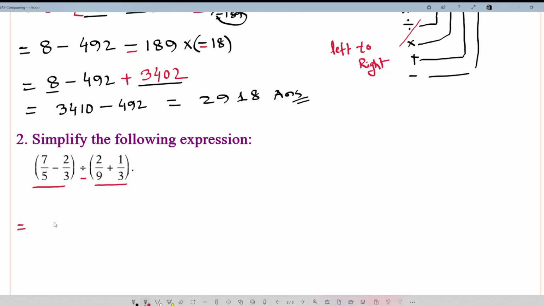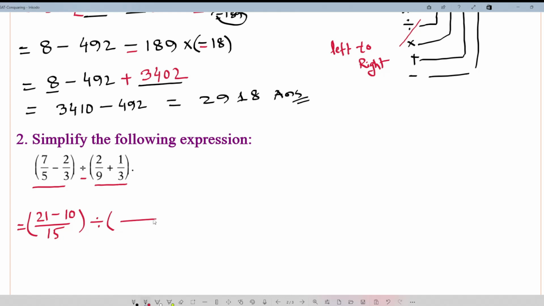Here we can make an LCM. The LCM of 5 and 3 is 15. So 15 divide 5 is 3, times 7 means 21, minus 15 divide 3, 5 times 2, it will be 10.